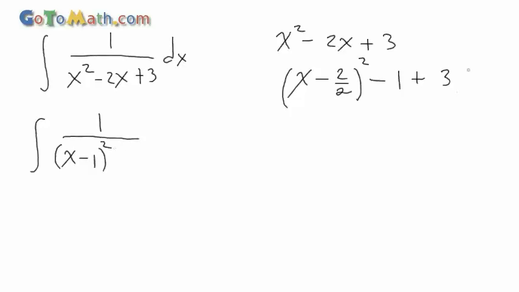Squared, and negative 1 plus 3 is positive 2 dx. Okay, so this is another one of those forms, as you can see, and I'm just going to write it out here.